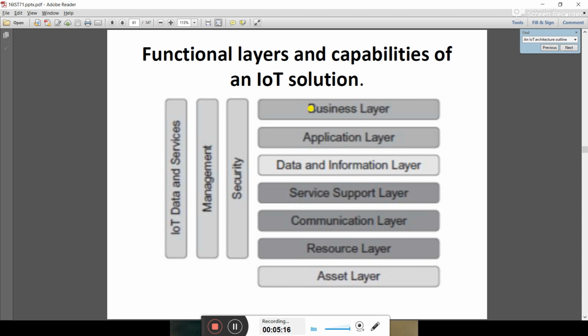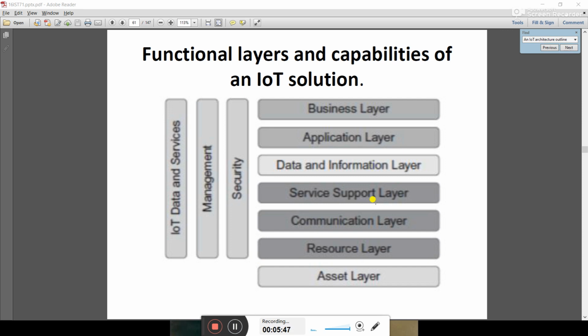For different types of applications, these layers may vary in their services, but some things are common: security, management, and IoT data and service. These are common in nature. We generally require this type of layered architecture whenever we need to describe an application for an IoT system.